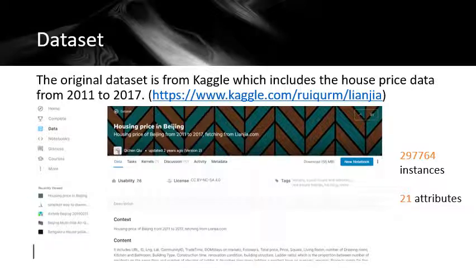The data set is from Kaggle, which is an open source data set and includes house price data from 2011 to 2017. The data comes from Lianjia, which is one of the most popular house trade platforms in China. This data set has about 297,000 instances and 21 attributes.